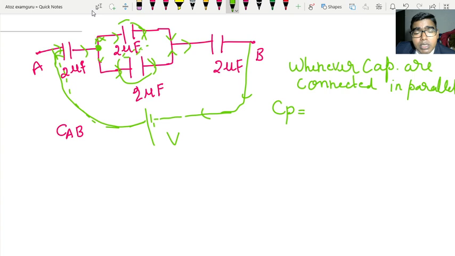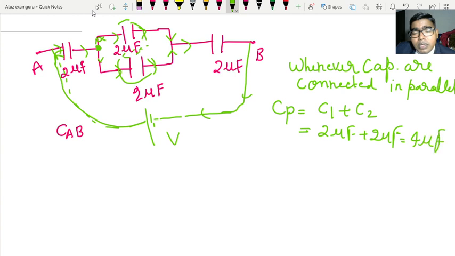C parallel equals C1 plus C2, which is 2 microfarad plus 2 microfarad, that is 4 microfarad.